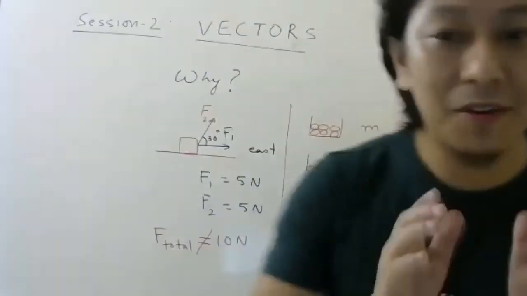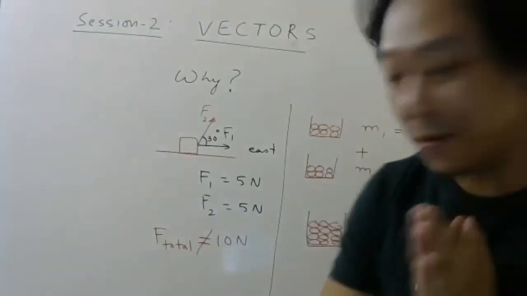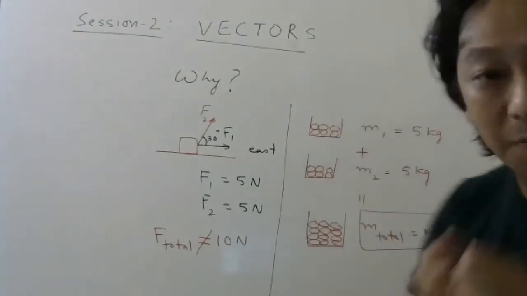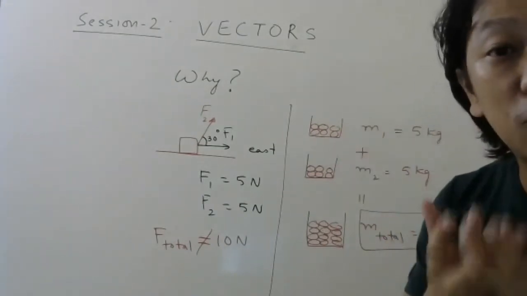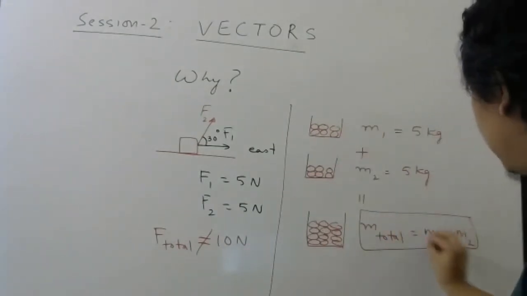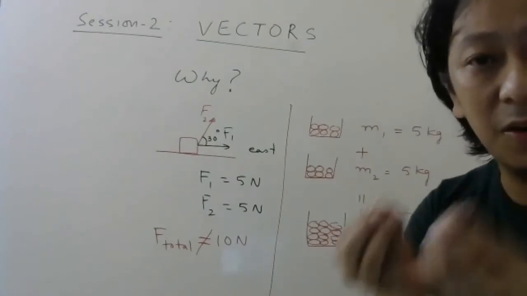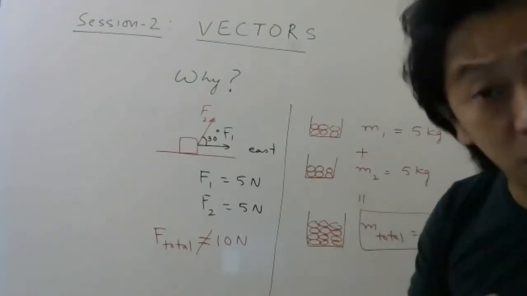So till now, what I am explaining to you is that when we take mass and I ask you the total mass, we just normally add. There is a very simple way of adding them that you learn in school also.